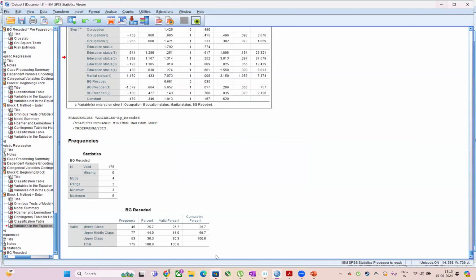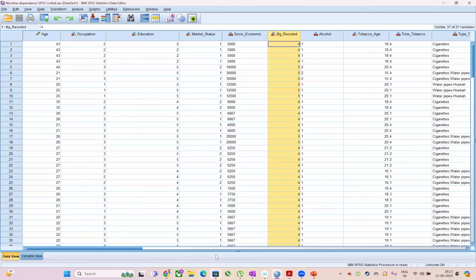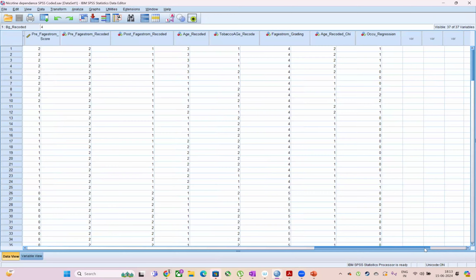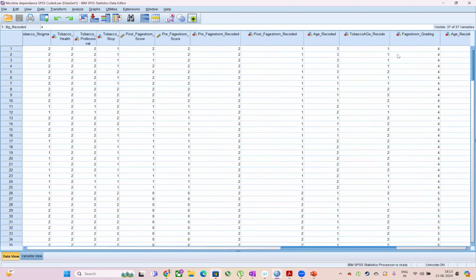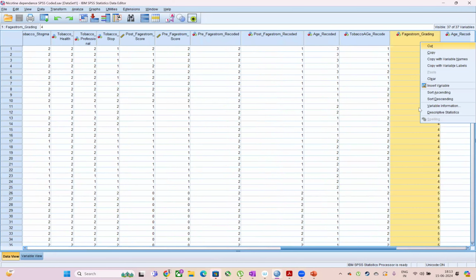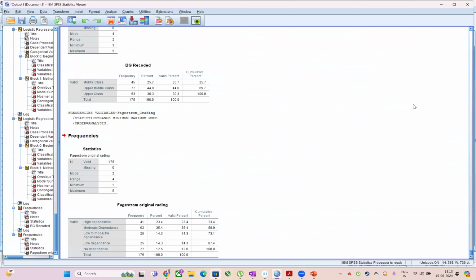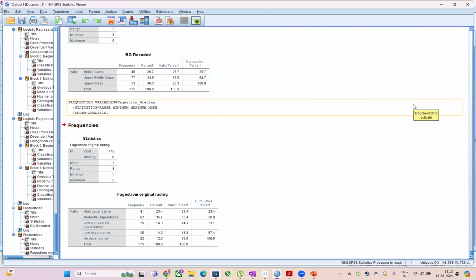Wait. So this is the raw data, in which I have classified the Fagerstrom scale as it was initially classified by the creator of the Fagerstrom scale. He has told that high dependence, moderate dependence, low to moderate dependence, low dependence, and no dependence.